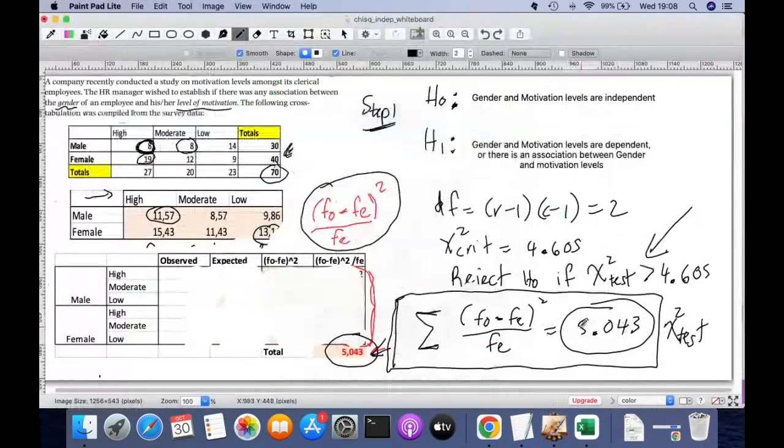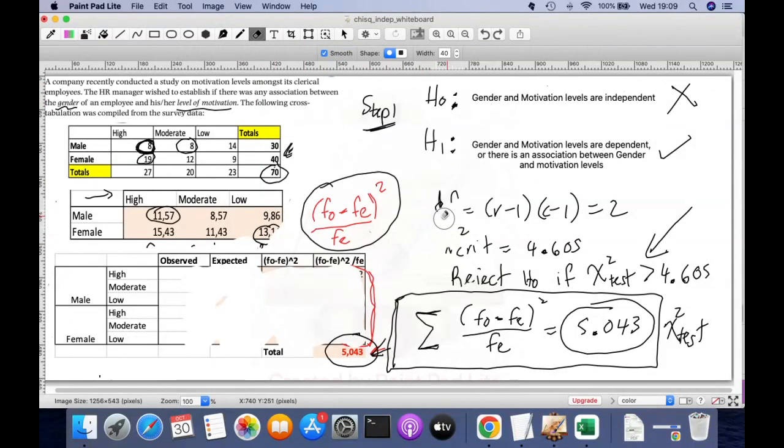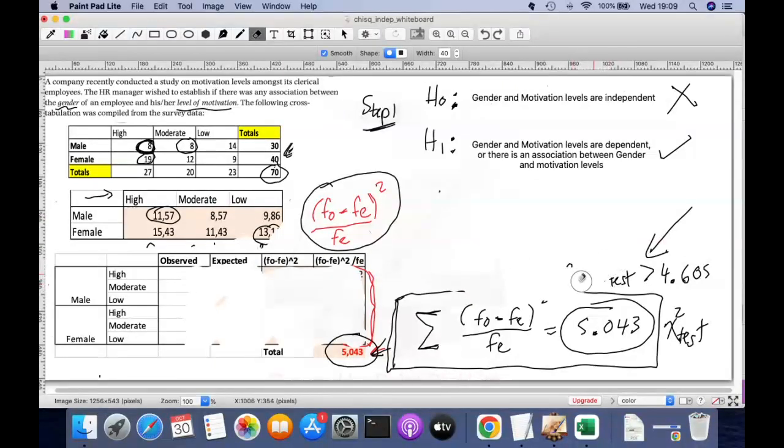Perfect. All right. So remember what we said? Our chi-squared test is greater than 4.605. So we reject H0, and that means the alternative is likely true. So how we conclude this test, you would write this in a last step now, and you need to write this in words. Just like before, we always start with saying the significance level, the alpha. So you always say at a 10% level of significance, because that was what our level of significance was, it was 0.1.